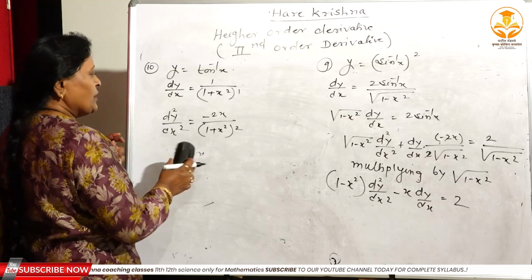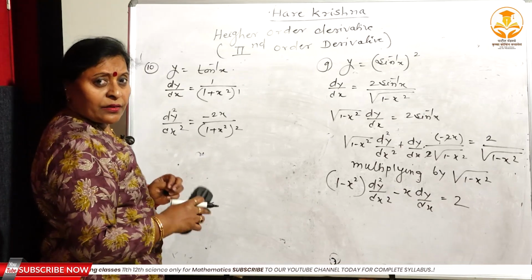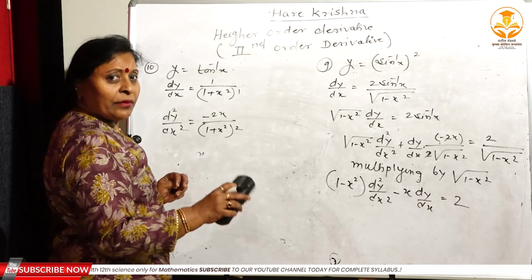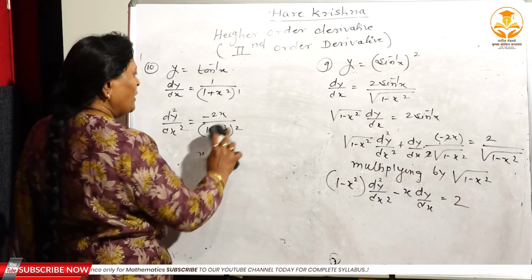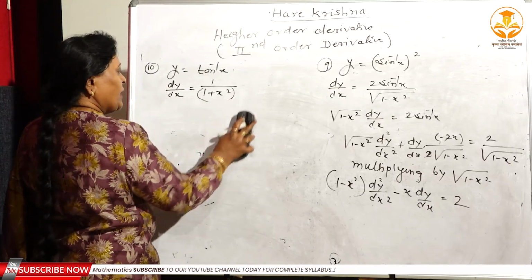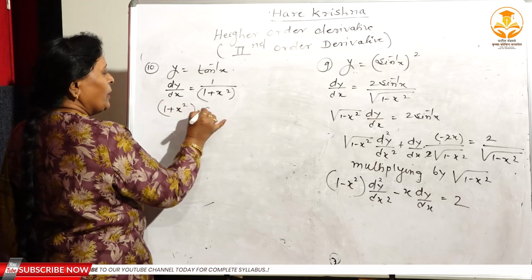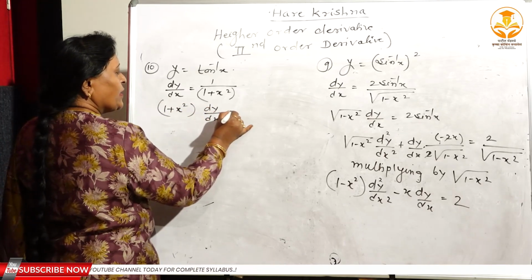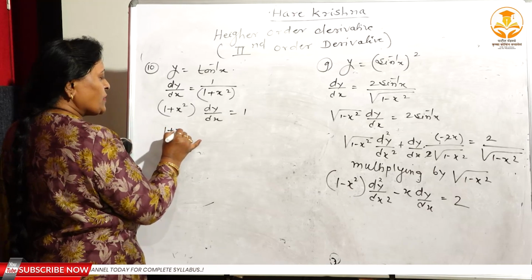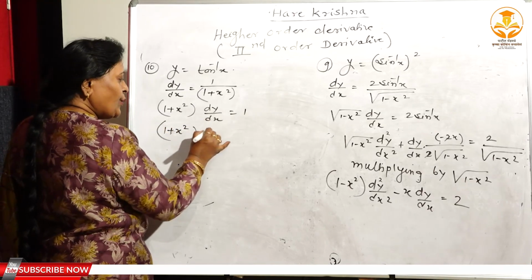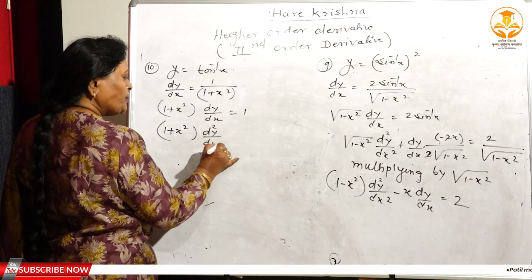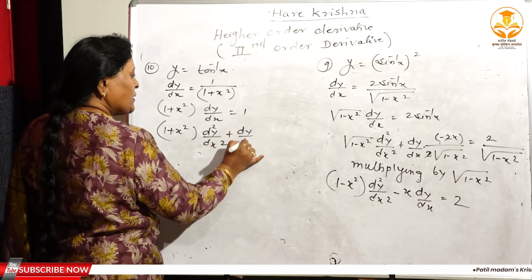Then what you have to do? See, because they always ask, show that or prove that, one and the same thing, isn't it? So what you have to do? See, again here you have to multiply 1 plus x square dy by dx. It is equal to again 1 plus x square, this is d2y divided by dx square, plus dy by dx remains as it is.